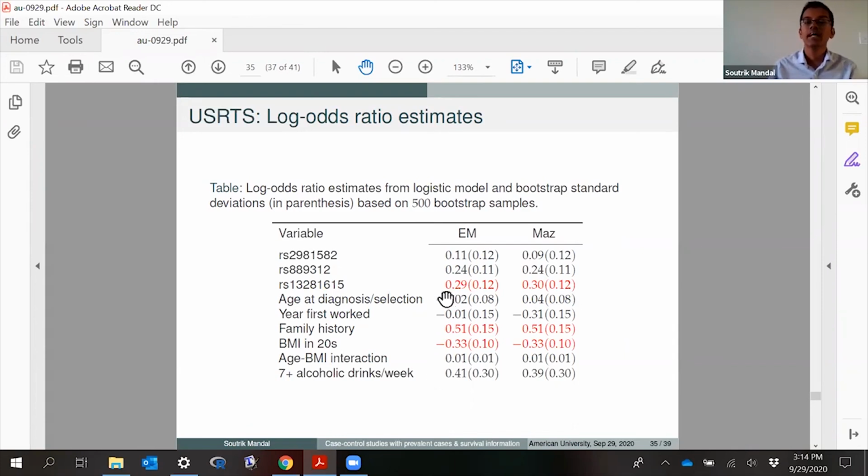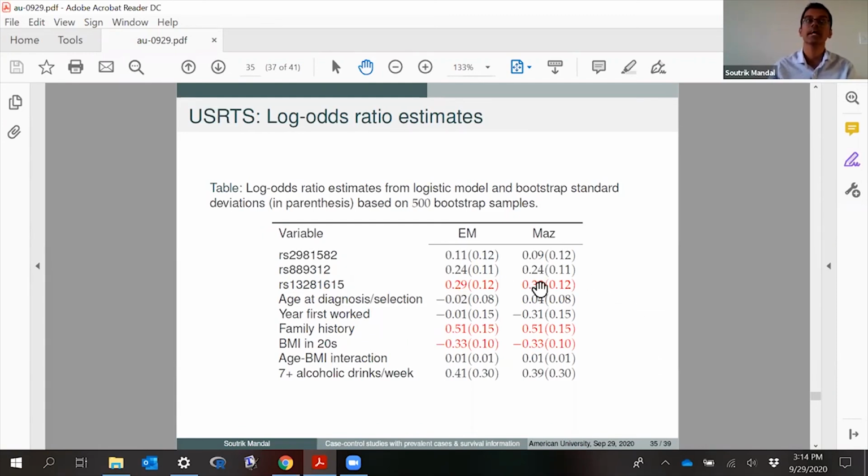So we have the estimates from our EM method and the Mazier's method, and both methods, as you can see, identify the same variables as significant. We have this particular SNP, which is significant. We have the family history of breast cancer and the BMI in 20s as the 3 significant factors in our analysis.